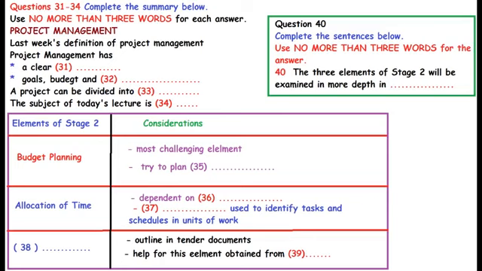I'd like to begin today with a quick review of last week's lecture. We saw the definition of project management as something which has a clear beginning and a clear completion date with goals, a budget, and a schedule. We saw its presence in the private and public sectors in many different industries.